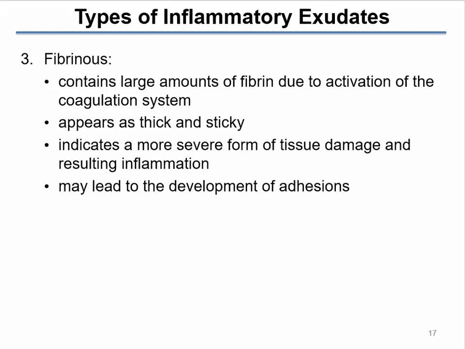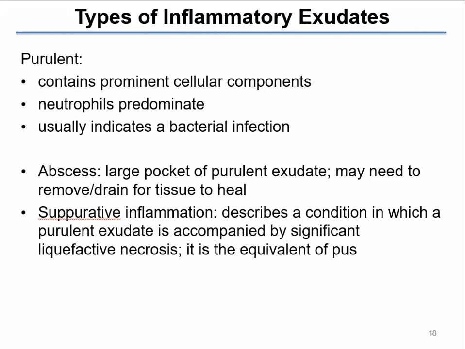Now, the exudate that most people are probably familiar with is called purulent. Purulent exudate is kind of the crap from the war against the pathogen. So it contains the cellular debris of the tissue cells that are damaged. It contains a lot of white blood cells, so lots of neutrophils.